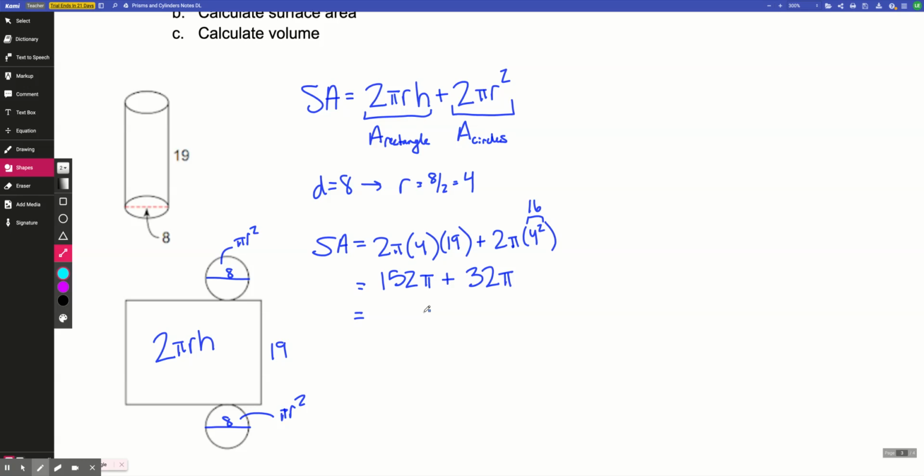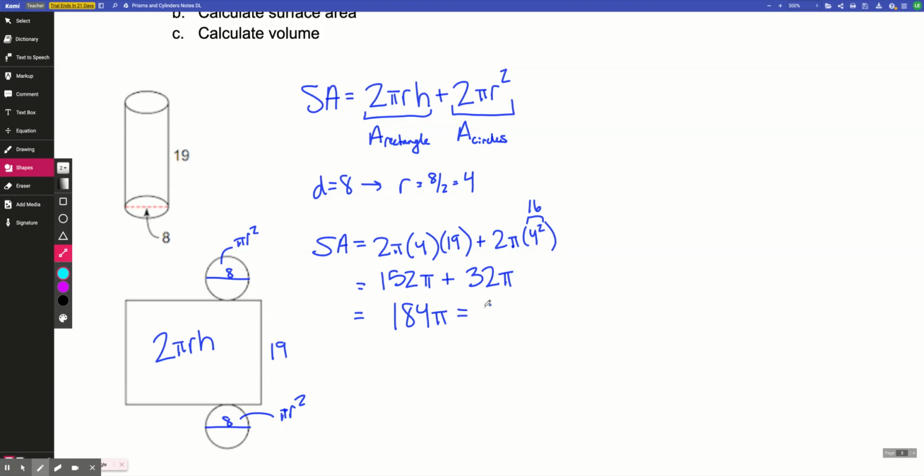Remember, the reason that we leave the pi off by itself and don't deal with it until the end is that way you don't have to deal with all these crazy decimals and a bunch of rounding error. So now I can add these two together. 152 plus 32 is 184, and I still have my pi. Now in my calculator, I can do 184 times the little pi symbol to make sure I have the most accurate answer.